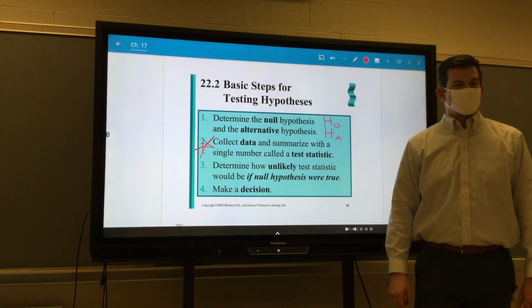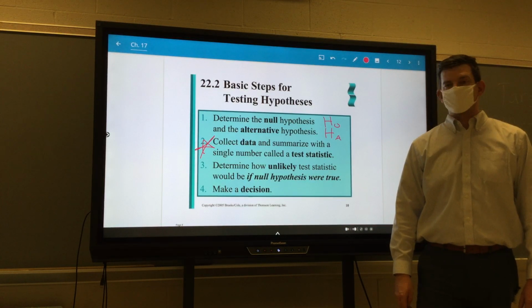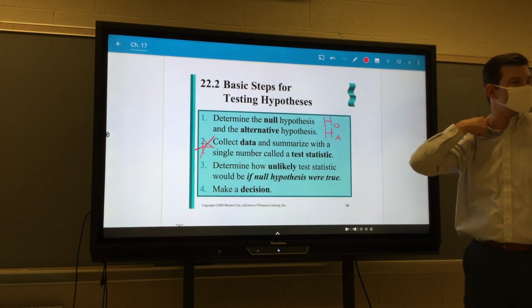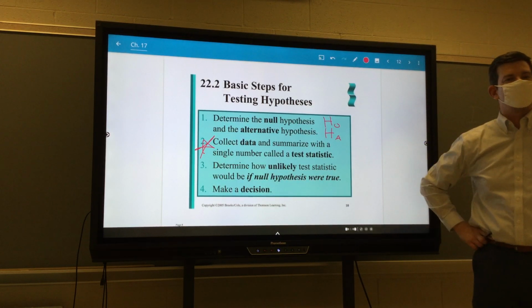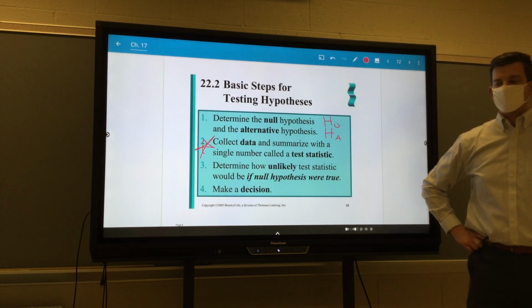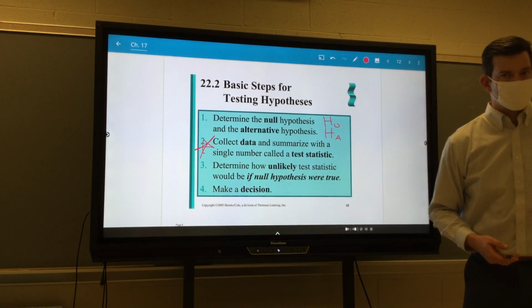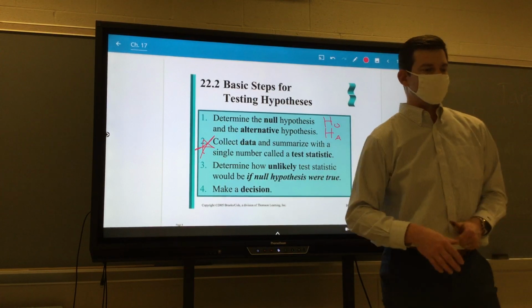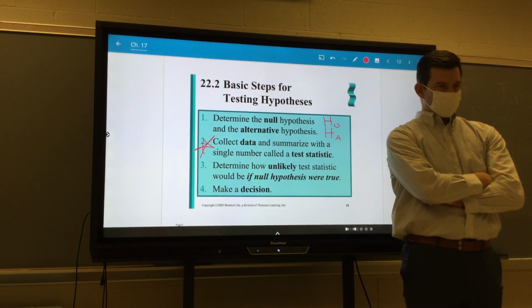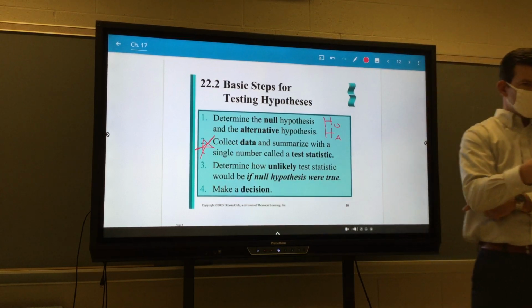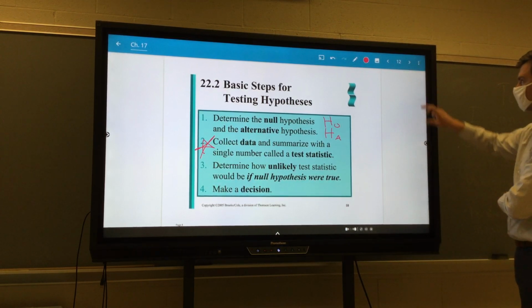At the end of this process, you're deciding that either the null hypothesis is true or the alternative hypothesis is true. What does that mean in a more practical sense? We're not going to leave it as reject the null or fail to reject the null hypothesis. What does that mean in the context of my scenario?